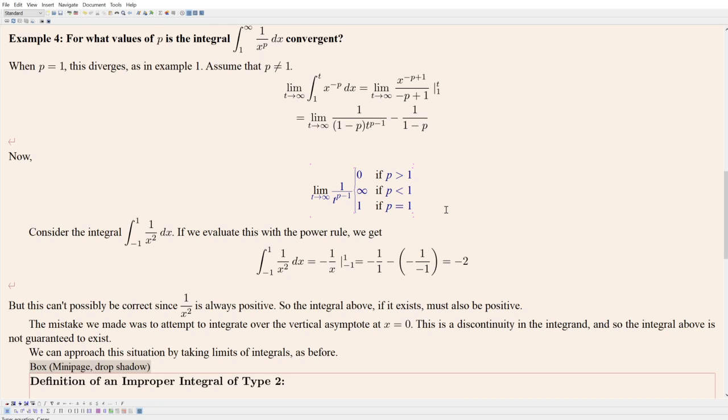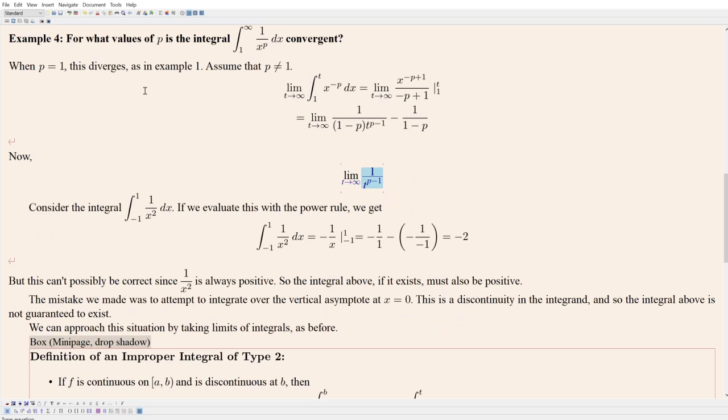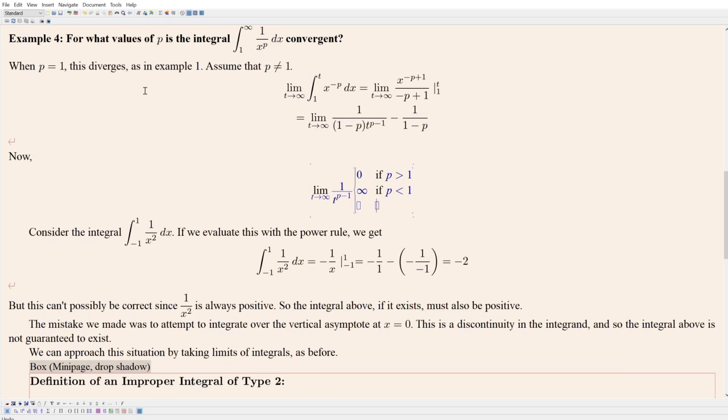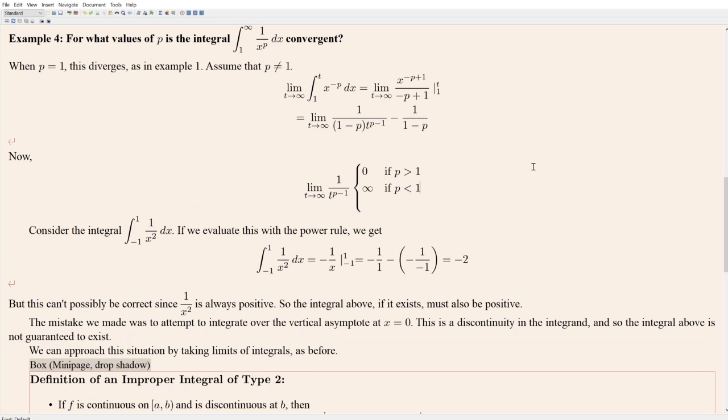Wait a minute. Well, wait. No, we already did that. We already did p equals 1. Never mind. Yeah, that's not an option. Oh, come on. Well, whatever. It's going to look like crap, but there it is.